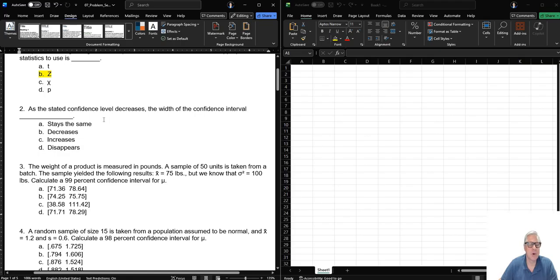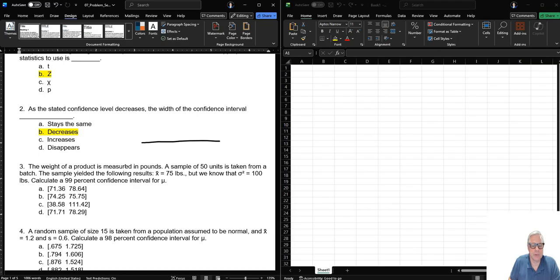As the stated confidence level decreases, the width of the confidence interval stays the same. Now, decreases, increases, disappears. And of course it decreases. And why is that? If you remember a confidence interval, if you visualize it, it's easier.